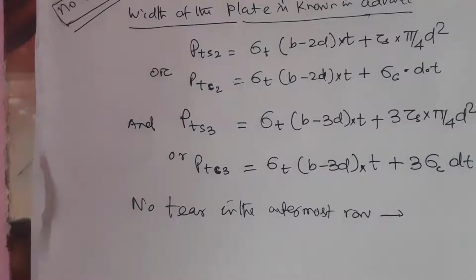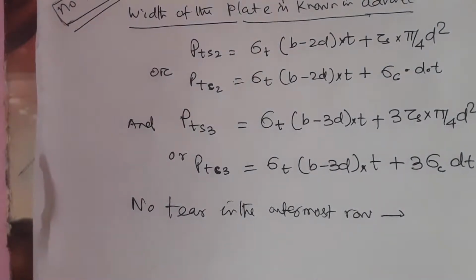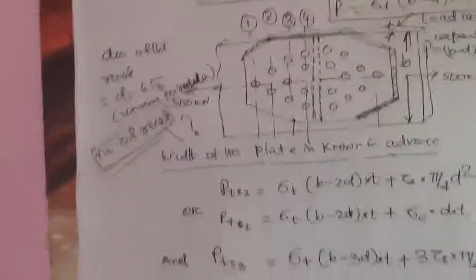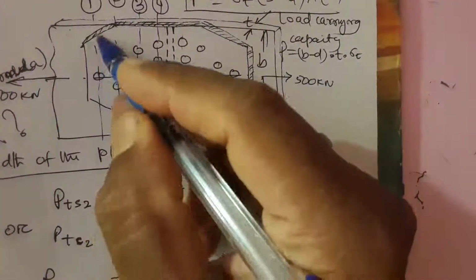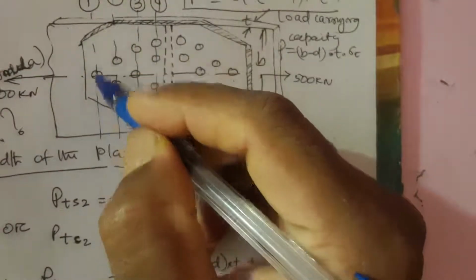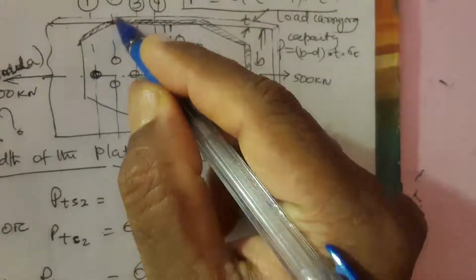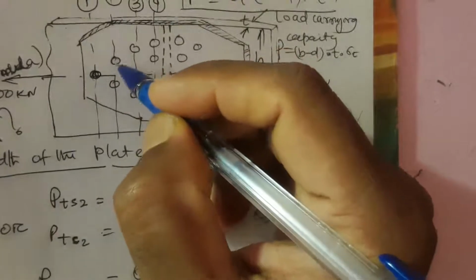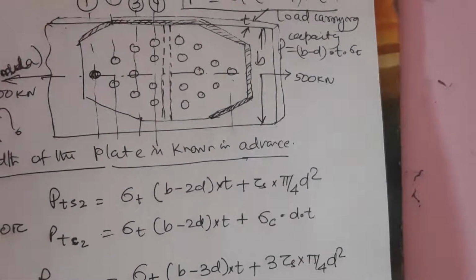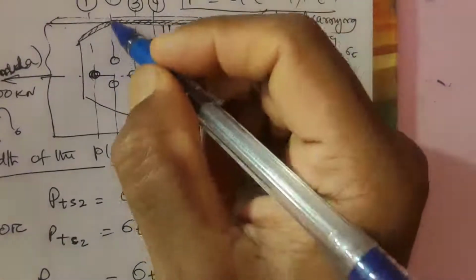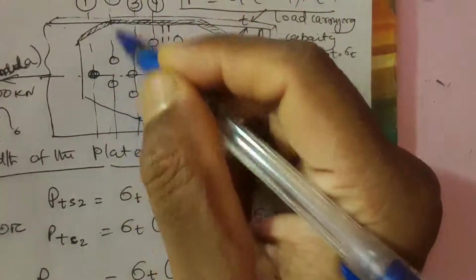Then we have to check at row 2, which is the next inner row, weakened by 2 rivet holes. You see, this is the section where only one rivet hole is there, and this section is weakened by only one rivet hole. The second row is weakened by 2 rivet holes, and we have to check the tearing at this section.